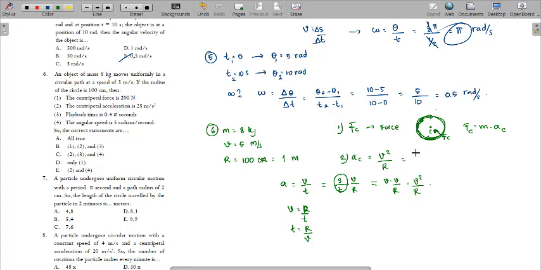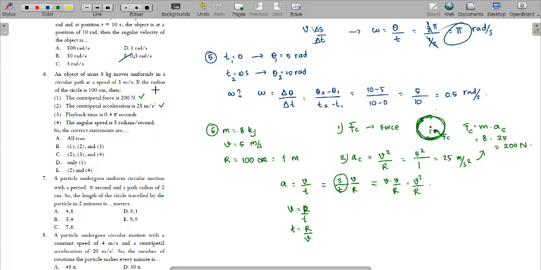Okay, v is 5, squared is 25, divided by r is 1, so the centripetal acceleration is 25 meter per second square. Now you put the answer in here: mass is 8 kilogram, centripetal acceleration is 25, so the result is 200 Newton. So the 200 Newton is correct, 25 is also correct.